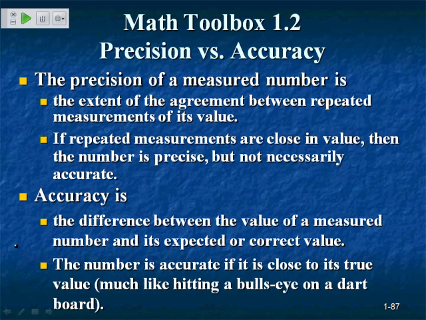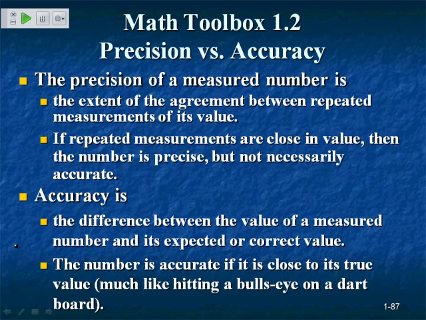If all those 5 measurements are very close to each other, we will say your measurements are precise. If they agree with each other, if they are close together, we will say they are precise.